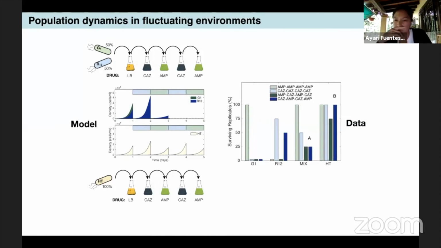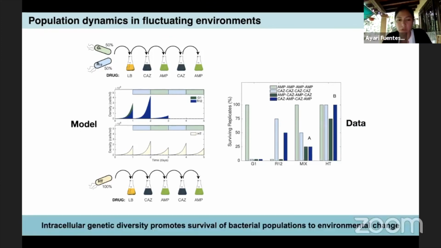The ones that I want you to look at are the dark ones, where we are changing environments. In those, the HT has more surviving replicates. So the intracellular genetic diversity promotes survival of bacterial populations.